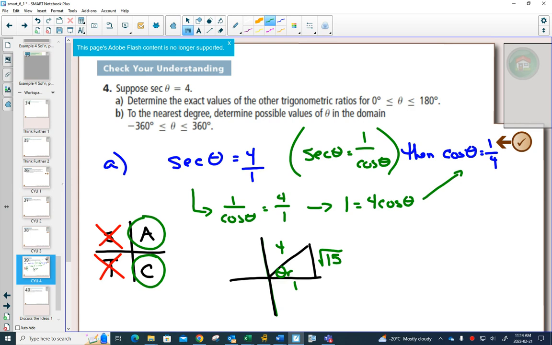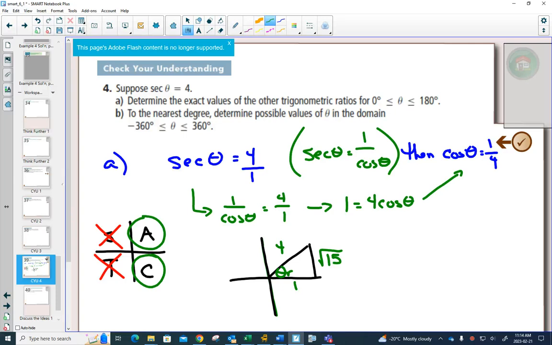Because the hypotenuse is 4. 4 squared would be 16. This side, 1 squared would be 1. And I would need 1 plus 15 to equal 16. So 4 squared is 16, minus 1 gives me 15. That means that my opposite side has to be the square root of 15.